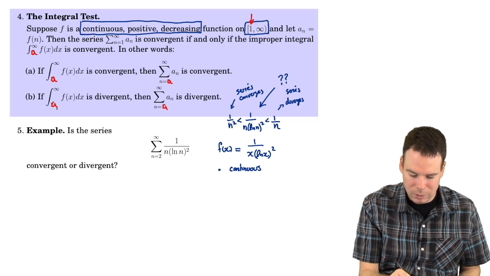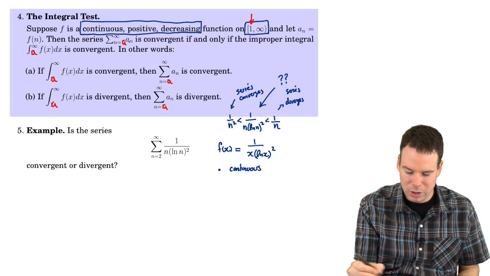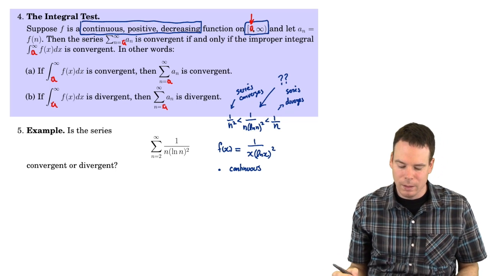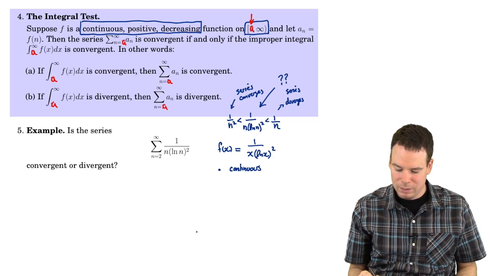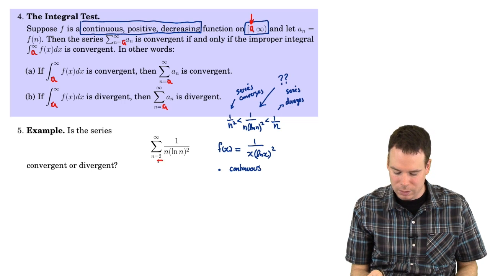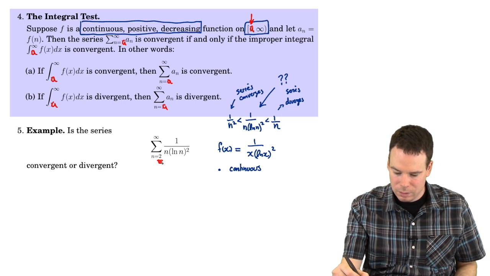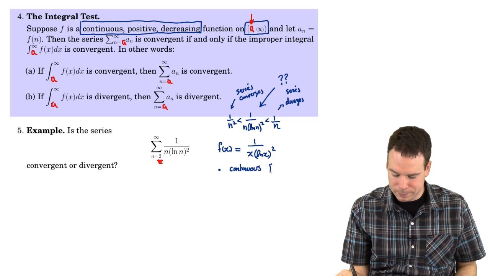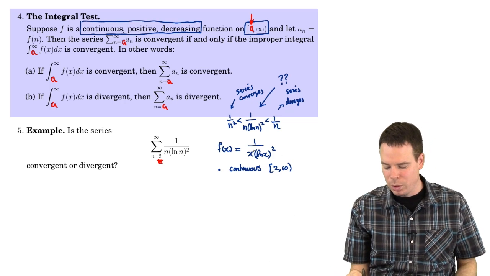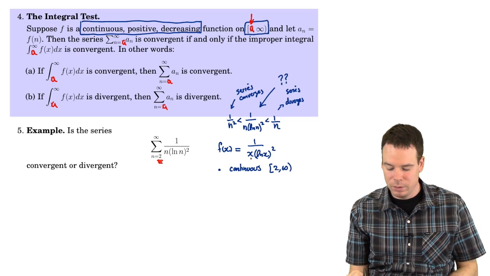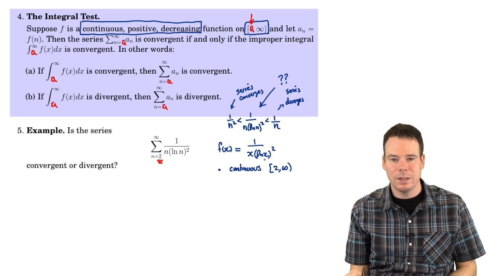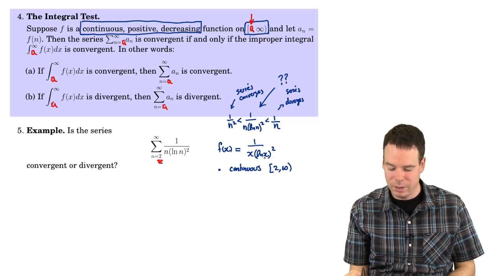So it's worth realizing that this can be made much more general than stated here. It can start at any number. In this case, we're going to start it at 2 because that's our n value. So it's continuous on 2 to infinity. Well, where would be the problems? It would be discontinuous at 0, because that's where the denominator is 0. But it would also be discontinuous where the logarithm is 0, and that's at 1.